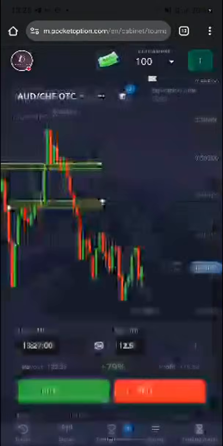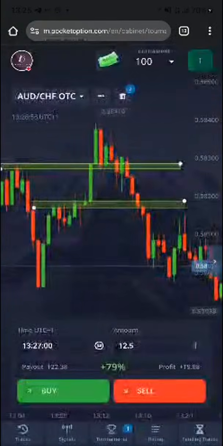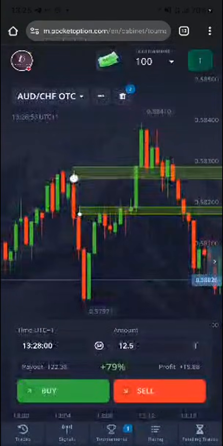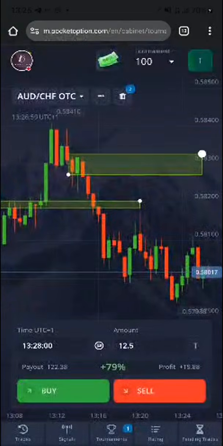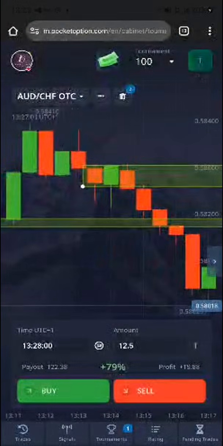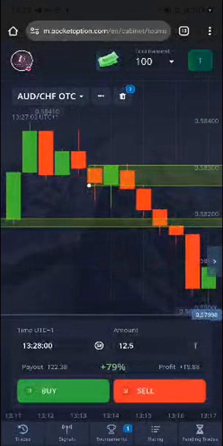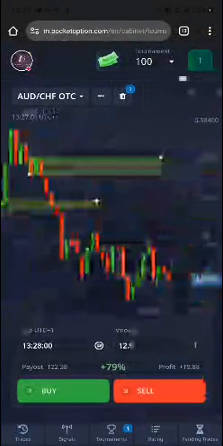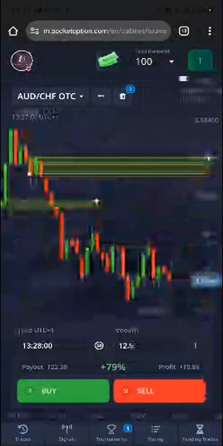So let's check for lower time frame entry. Okay, we found one here. I'll just use this one up here. This is the first entry we found in S30. Let's check S15.